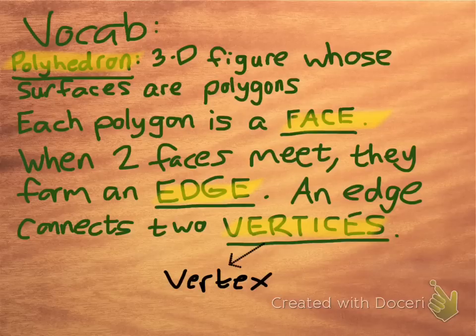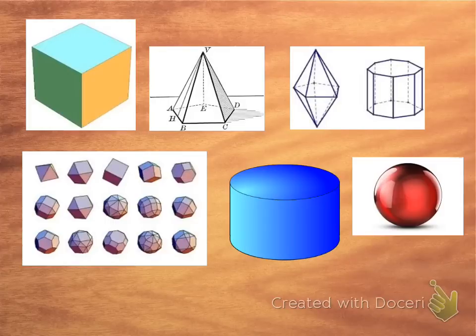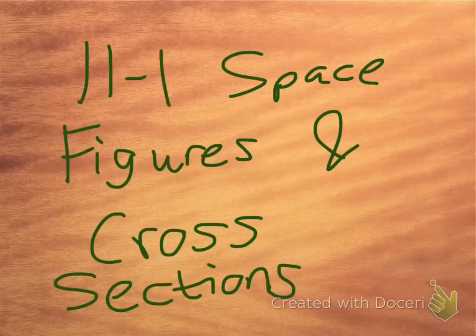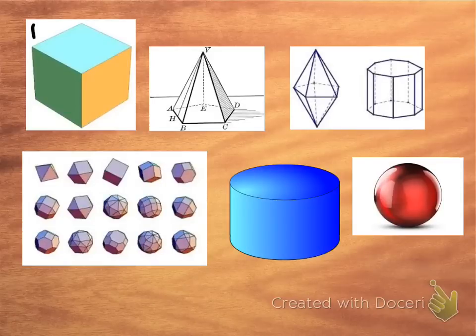Anyway, we're going to look at a couple pictures and see if we can identify these things. So, first of all, this top figure, number one, is it a polyhedron? Well, it's a cube, or a rectangular prism at least. Each of the faces that we can see are polygons, so it would classify as a polyhedron.